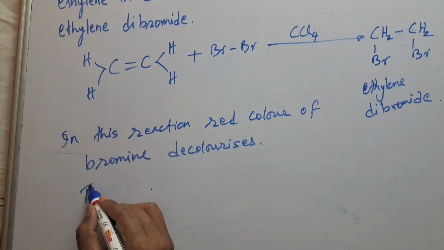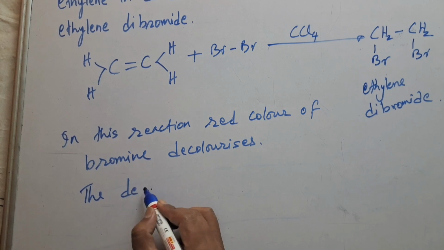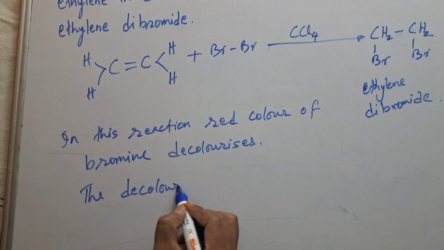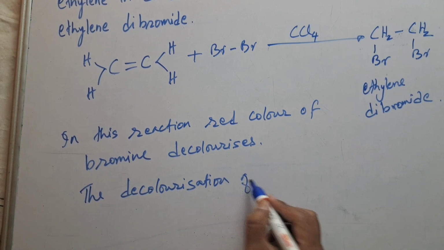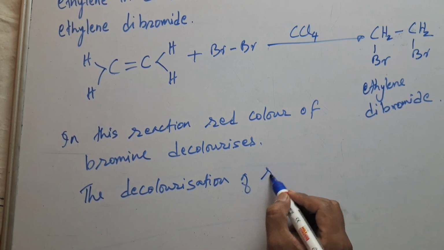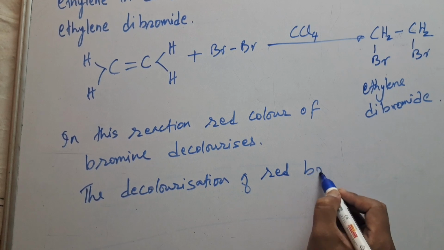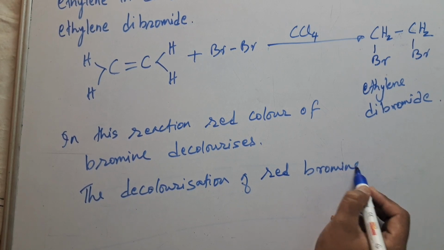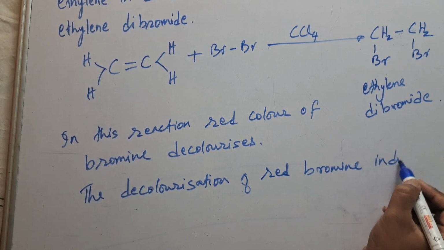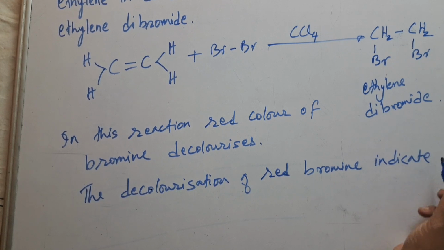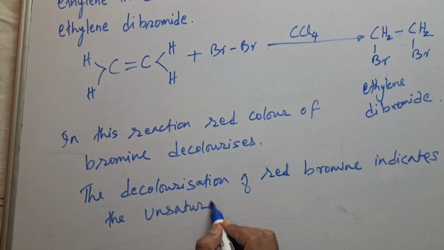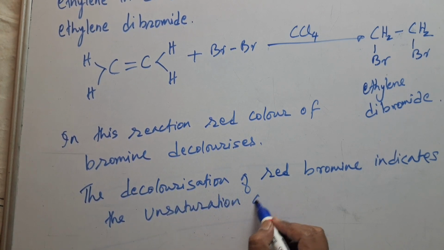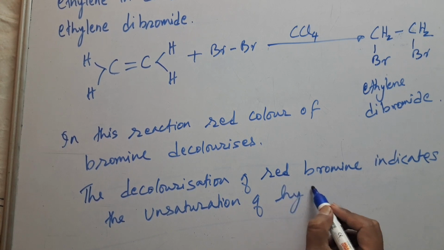This indicates the decolorization of red bromine indicates the unsaturation of hydrocarbon.